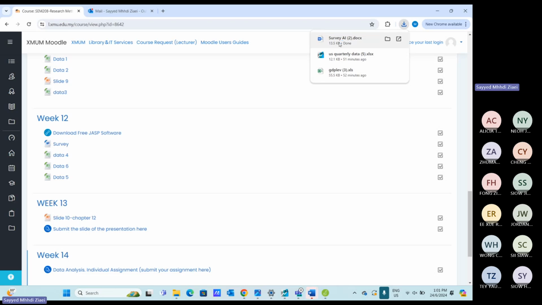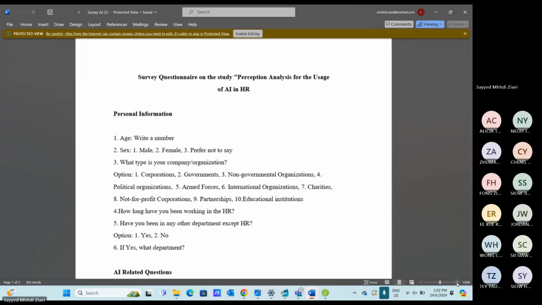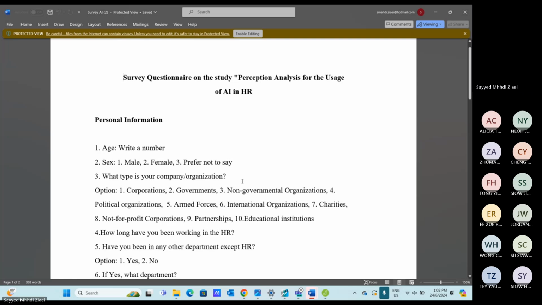You have some questions here. Okay, this one: Perception analysis for the usage of AI in HR.